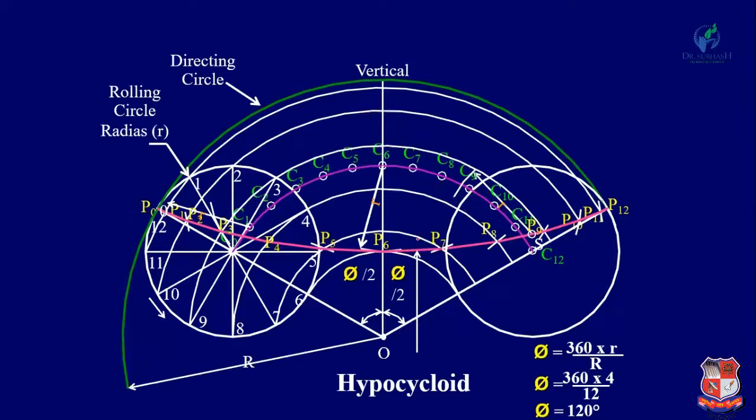Now join this point with O and extend it up to this circle, and this point is N. Now join this N with S, so it is the normal, and another line perpendicular to this normal is known as the tangent.